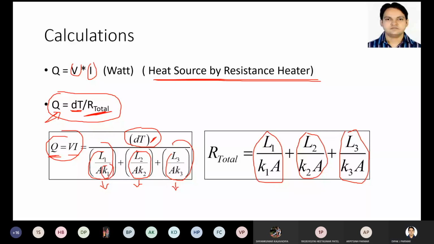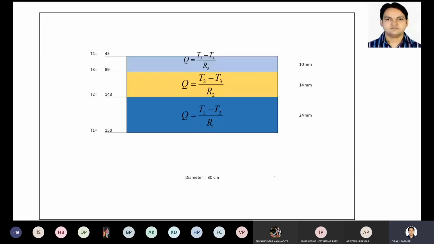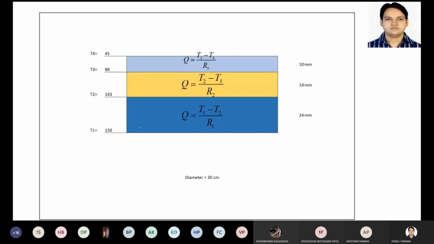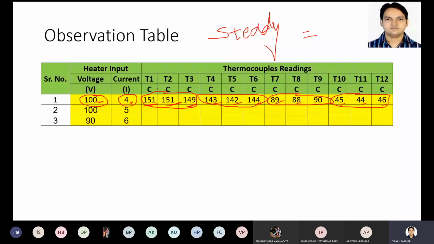How to calculate? According to this reading, 400 watt input, voltage and 4 ampere current, and this reading, I have mentioned over here the surface, average surface temperature, now I am mentioning. So average of 151, 151 and 149, then average of 143, 142 and 144, like that.